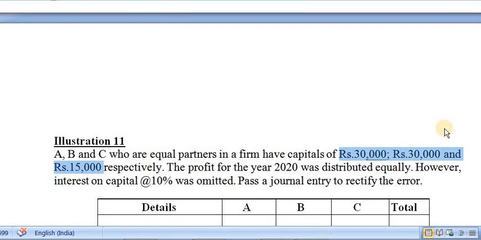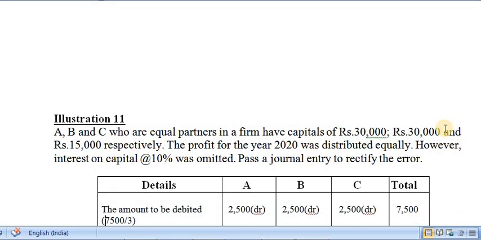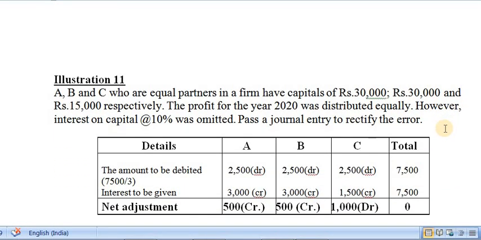Okay, let us see how I did it in the Word. I did the same thing, slightly different. Amount to be debited A, B, C 2,500, 2,500, 2,500. So we took out 7,500. Step 1. We give them. Give means credit. These are things you have to have very clear in your mind.